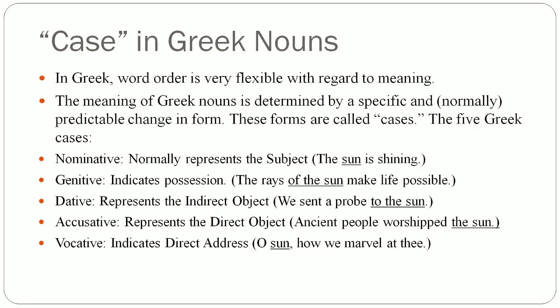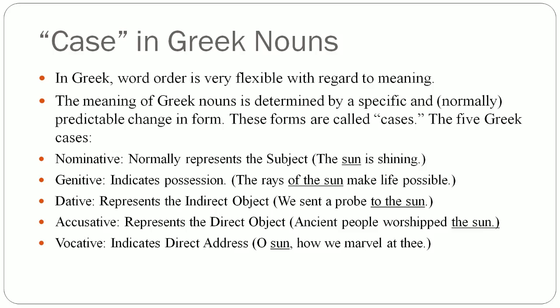Now, the other thing that is going to be introduced in this chapter that you probably have not thought about at all, even though it is there, and it's kind of behind the scenes, is case. Case in Greek nouns means, what role is this playing, and how do you know that?